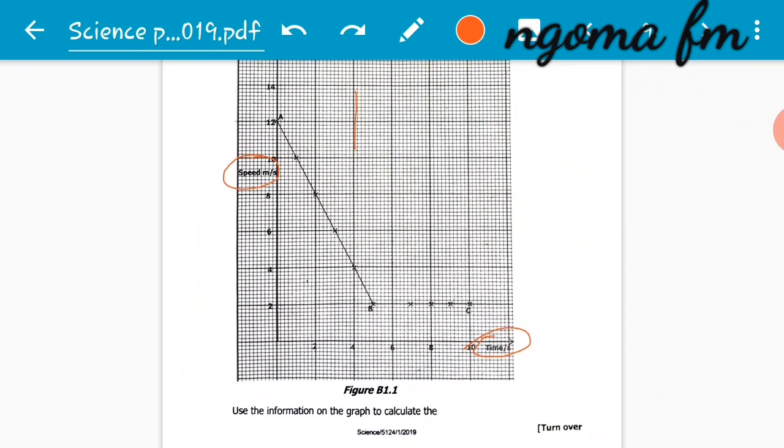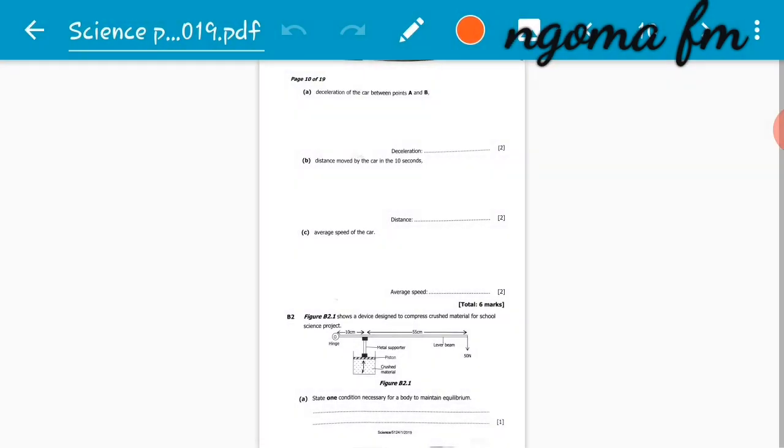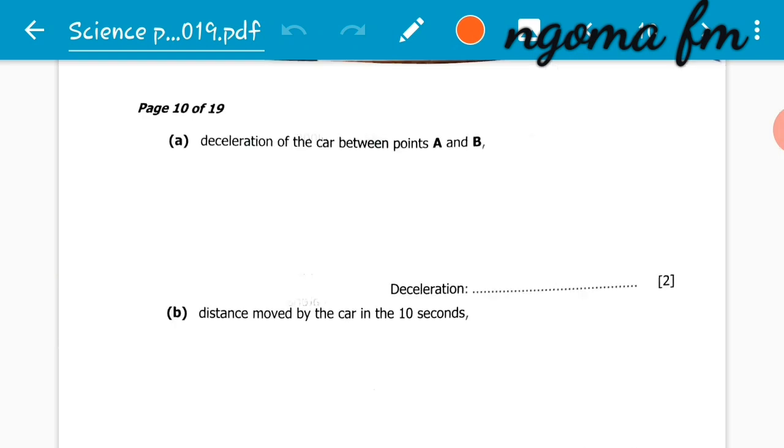It says use the information on the graph to calculate: A, the deceleration of the car between point A and point B. B, the distance traveled by the car in the 10 seconds.